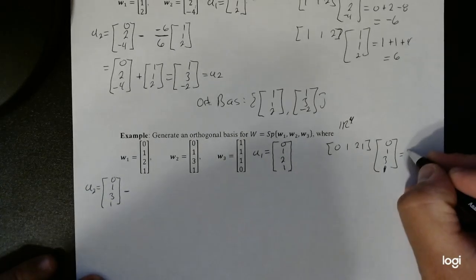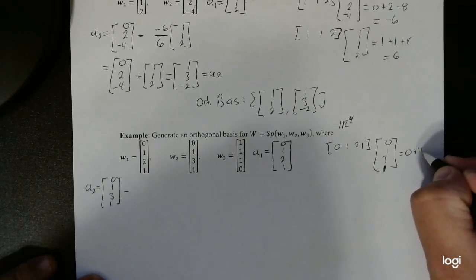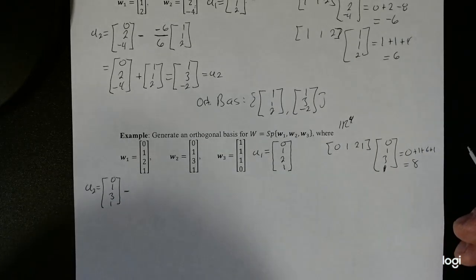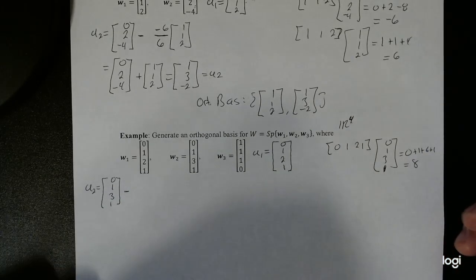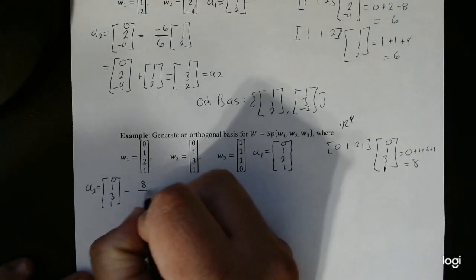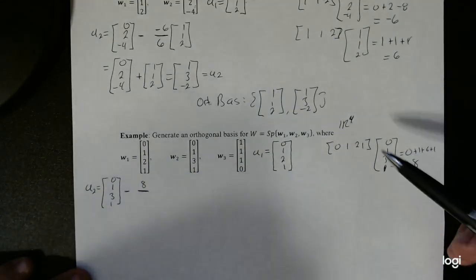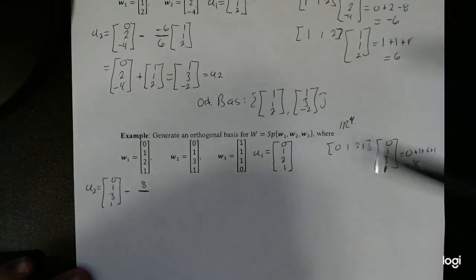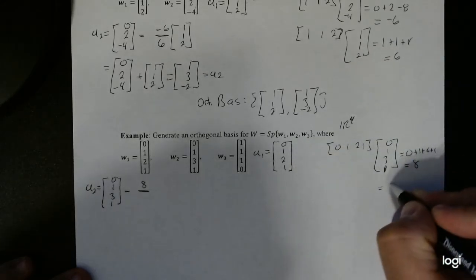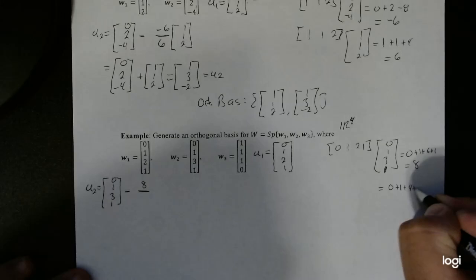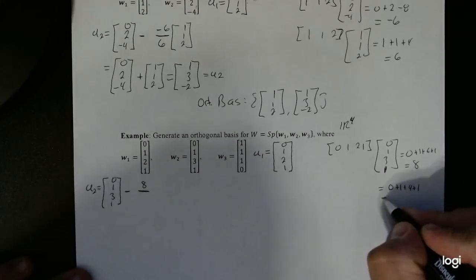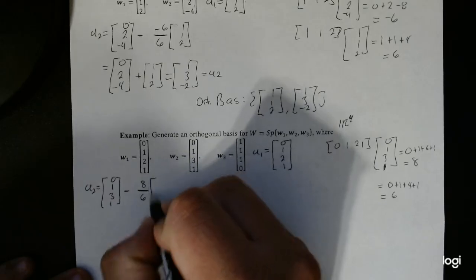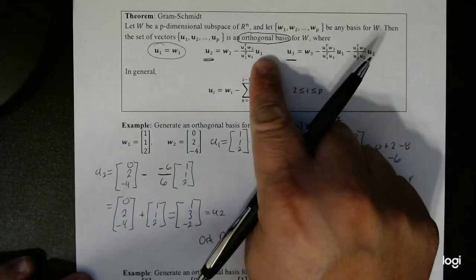That gives you 0 plus 1 plus 6 plus 1, so 8 on top. And then the transpose with itself gives you 0 plus 1 plus 4 plus 1, so a total of 6. And then again, according to the equation, U1.